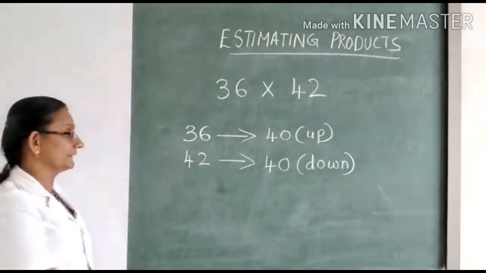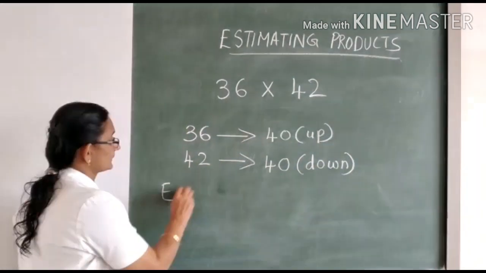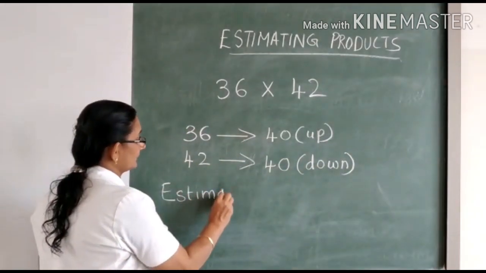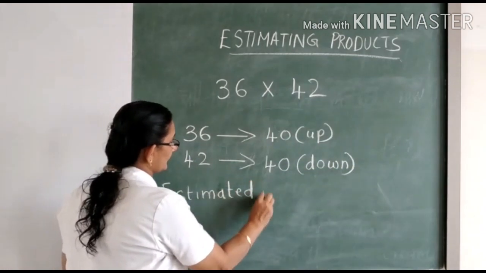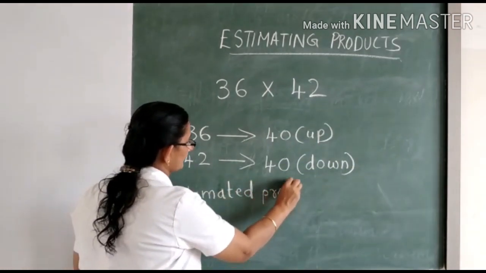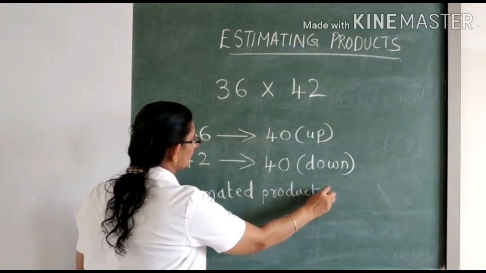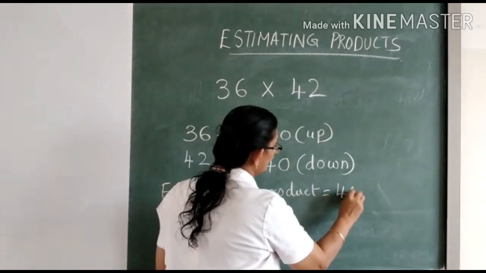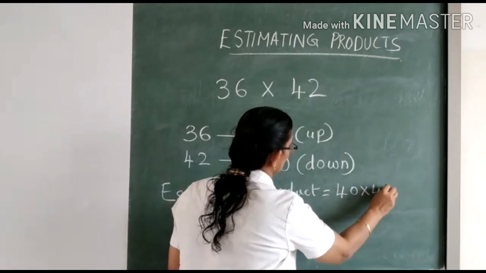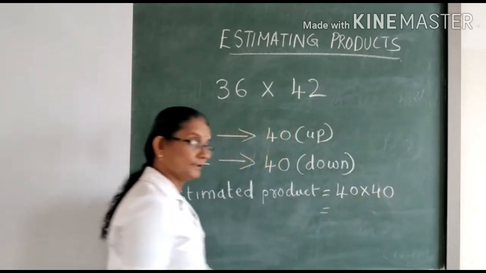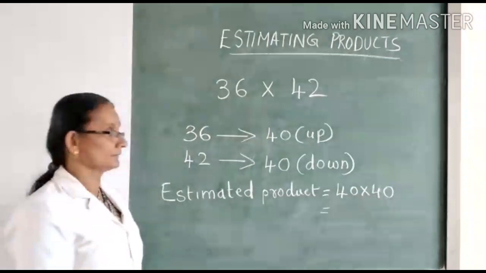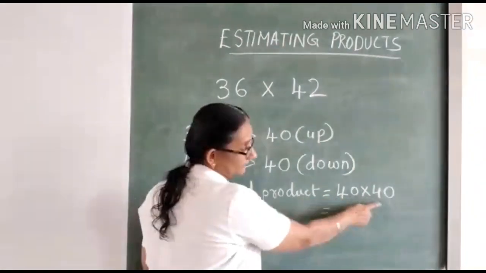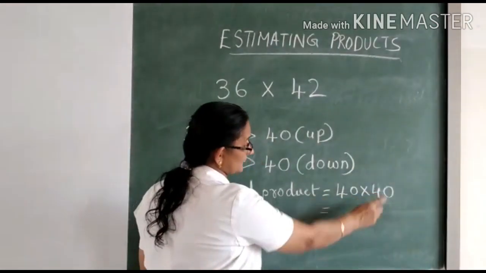Now, the estimated product is equal to 40 into 40. Yes? What is 40 into 40? See, you are multiplying 40 with the multiple of 10, isn't it?